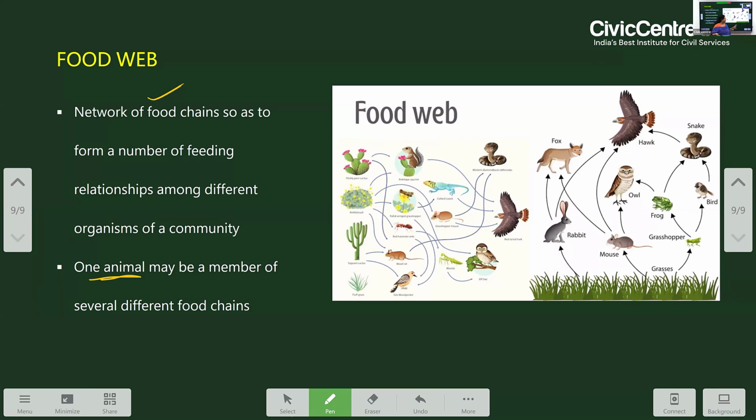Now let's see an example in the picture. Let's take the example of a mouse in a food web.